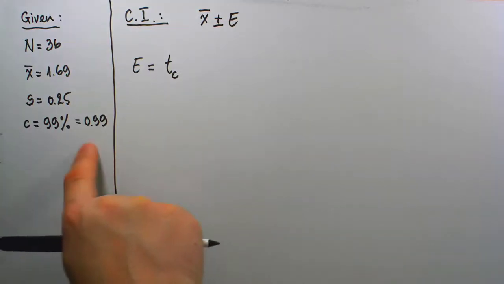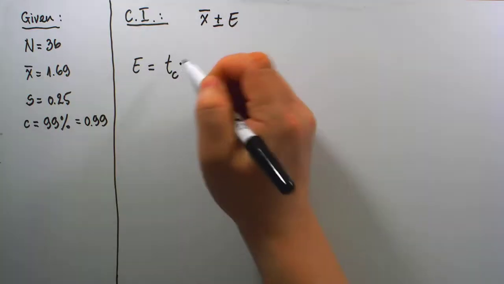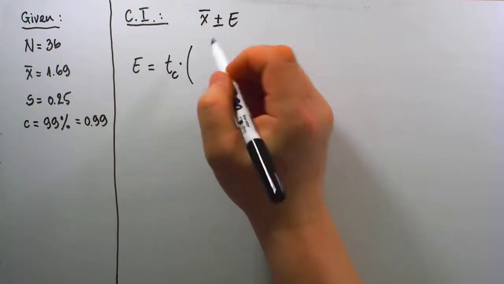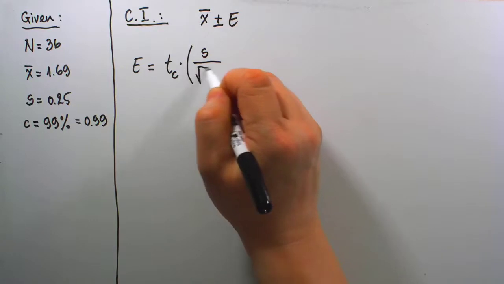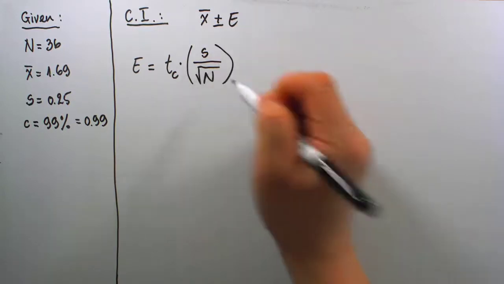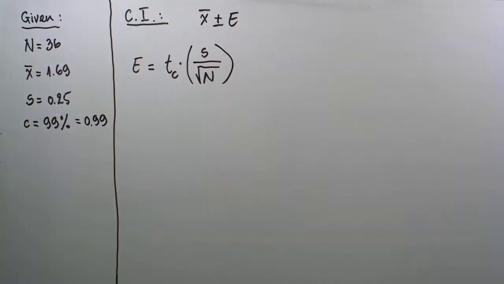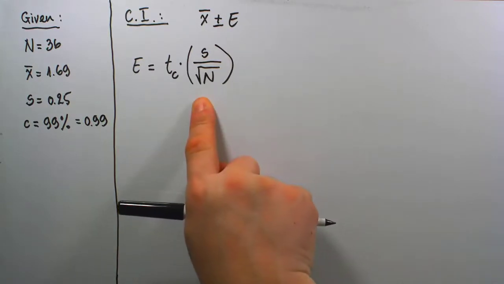Once calculated, t sub c is multiplied by the sample standard deviation s, divided by the square root of the sample size n. That's the formula we'll be using.